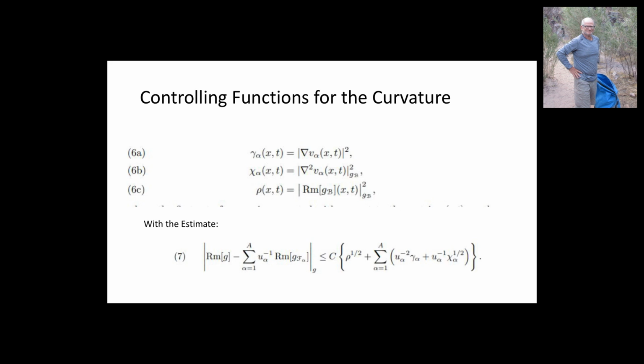And finally we have the third, which we call rho, a function given by the square of the Riemannian curvature. It's important to note that if we look at the Riemannian curvature of these metrics g and subtract the Riemannian curvature involving the fibers, we can control this by a constant times these controlling functions rho, gamma and chi.